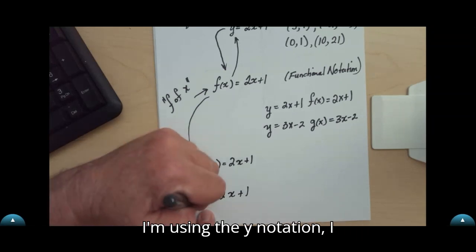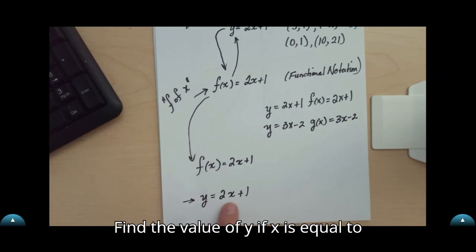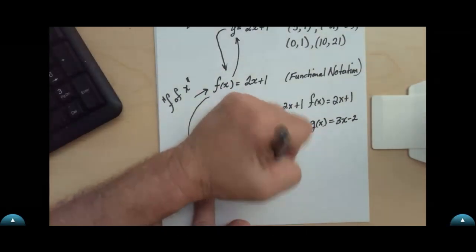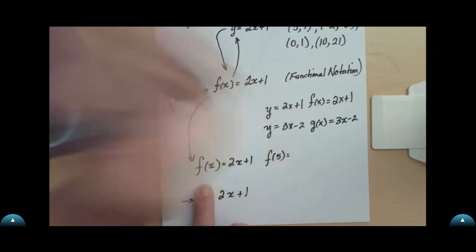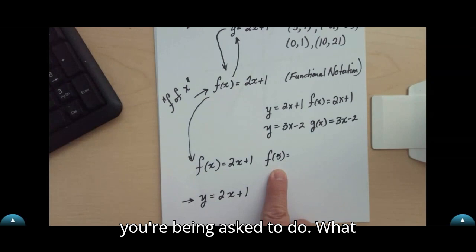If I'm using the y notation, I would have to say something like, find the value of y if x is equal to 5 or something like that. Here, all I have to do is write this. That's it. This tells you everything you're being asked to do.